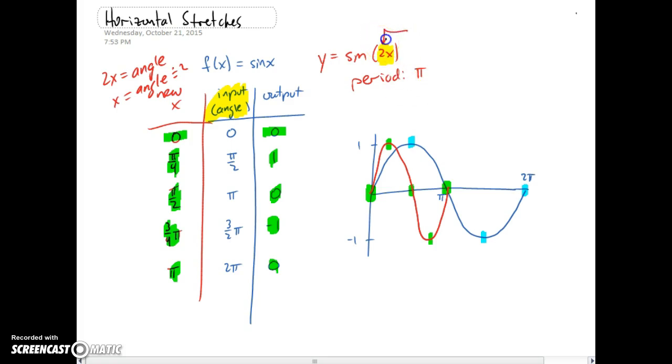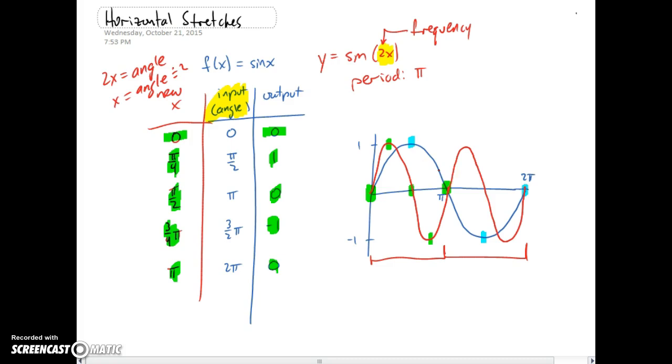In effect, that 2 tells how many cycles fit into a regular 2 pi period, because if I continue on, I'm going to get the graph that looks like this, and I end up with 2 cycles of the red graph in the standard period of the blue graph. Sometimes that's referred to as the frequency, but the more important part is the period.